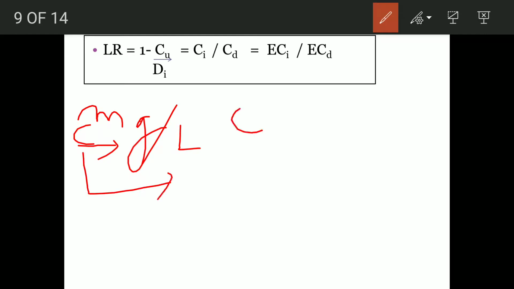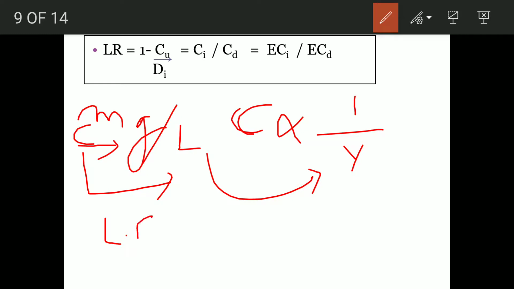Next, we know about the salt concentration. Salt is mostly expressed in mg per liter. So, concentration, the unit is mg per liter. From this we get that the concentration is inversely proportional to volume. Liter means the volume. We know LR equals volume of the drained water divided by volume of total irrigated water.